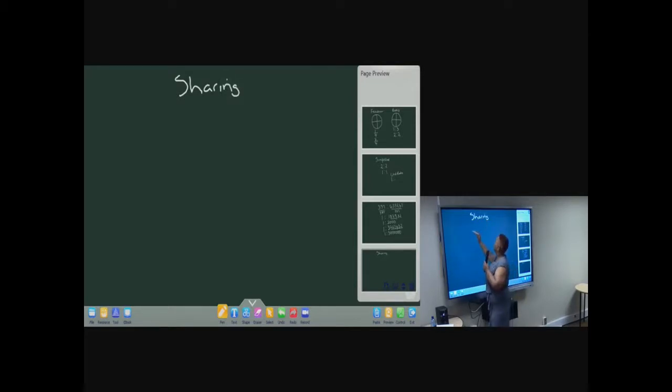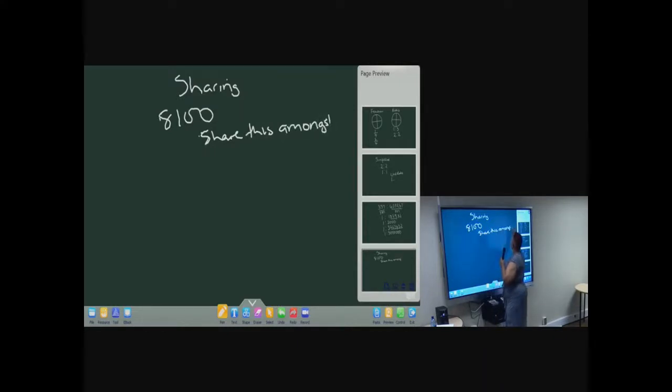You have somebody who has 8,100 and then she needs to share this amongst 3 people in a ratio of 3 is to 2 is to 4.